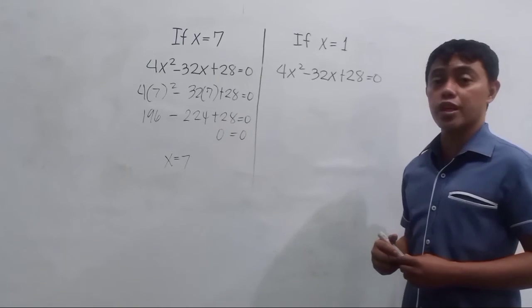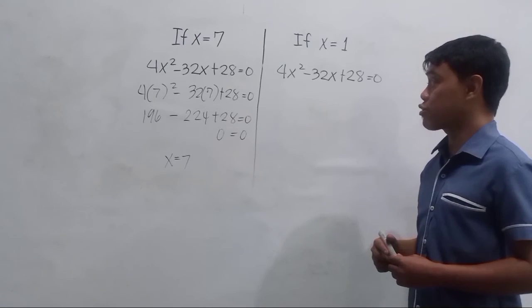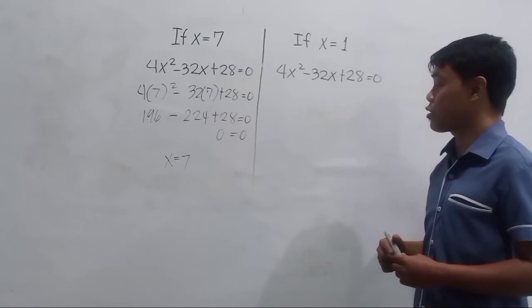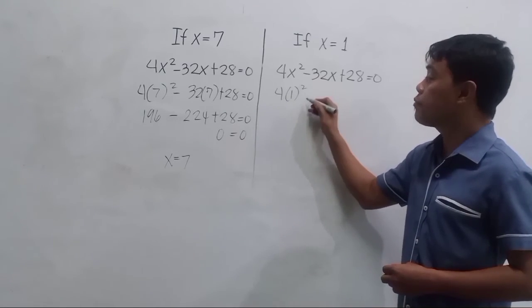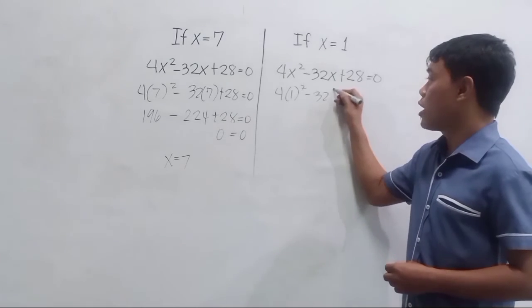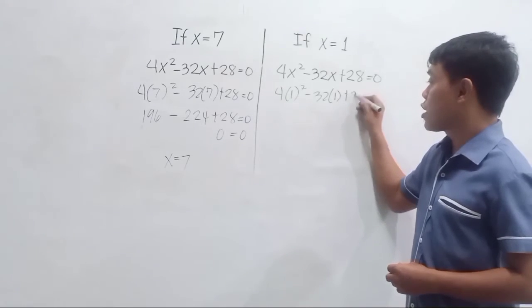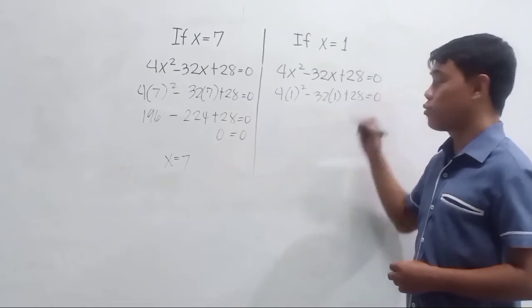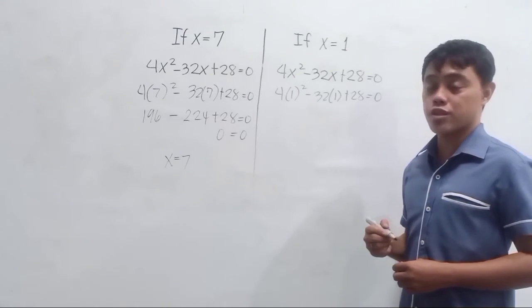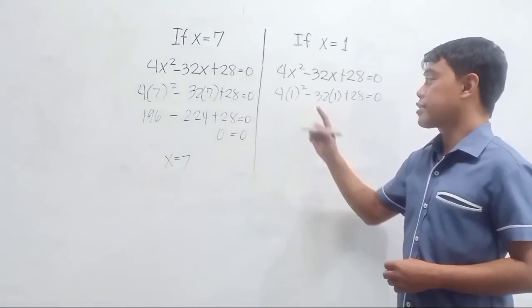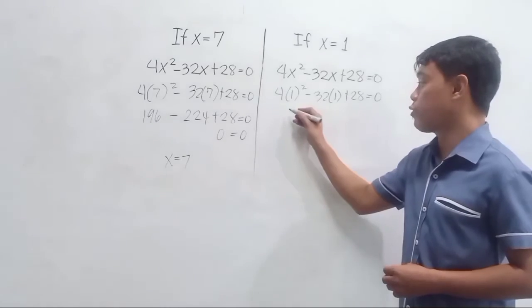Substituting it into the original equation 4x squared minus 32x plus 28 is equal to 0. 4 times 1 squared minus 32 times 1 plus 28 is equal to 0. Simplifying the equation, 4 times 1 squared is equal to 4.